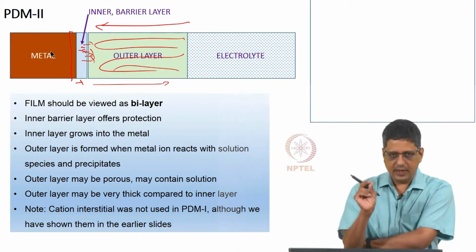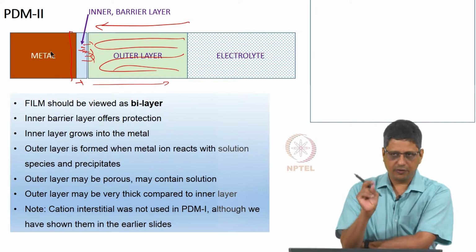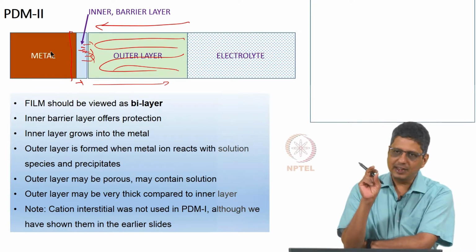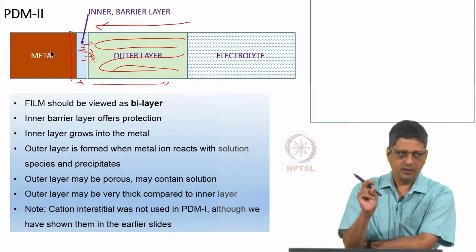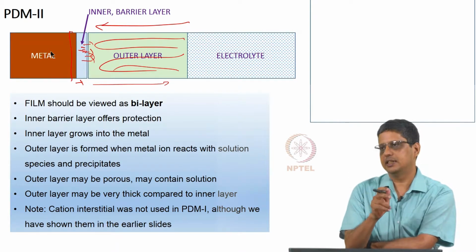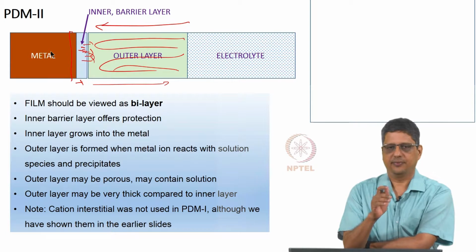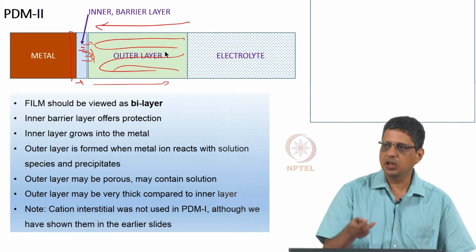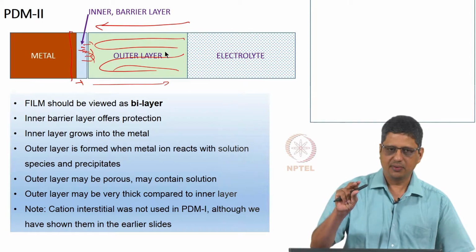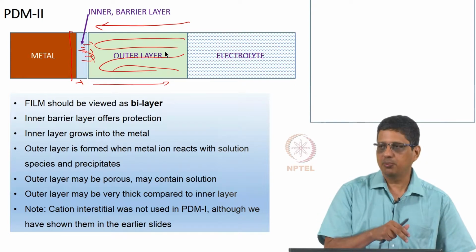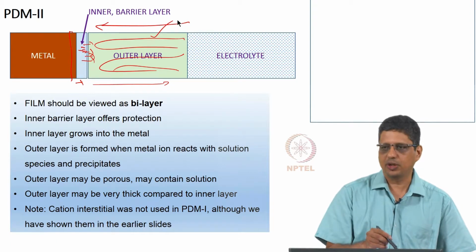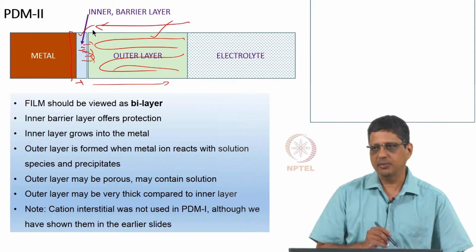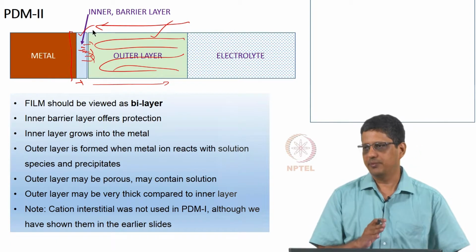The barrier layer can be very thin, it can offer protection, but if you have a thick outer layer, you may not be able to see it that easily by other techniques. Okay. You may find the film to be porous. If you are using another technique, you might say, I think the film is porous, but it may offer good protection, not because that film is offering protection, but because the very thin film just on the surface is offering protection. Okay.